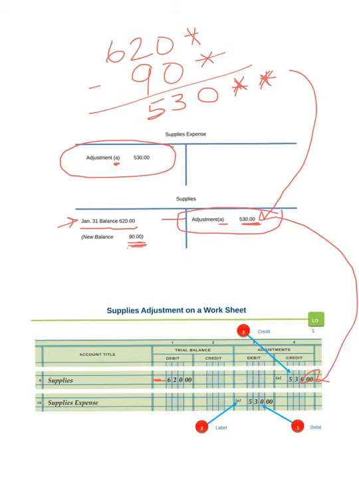We'll put the little letter A to signify this was adjustment A. We had a debit to supplies expense, so in the adjustment debit column to the right of supplies expense, we'll enter the debit of $530, and again, we'll label it with the letter A to know that those two adjustments go together. That, in essence, is the supplies adjustment.